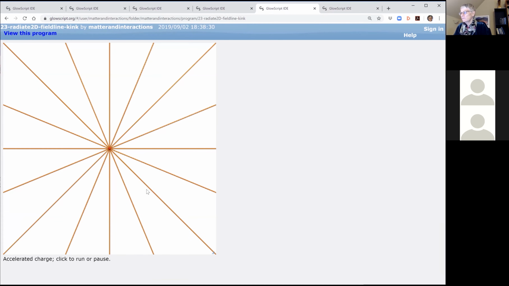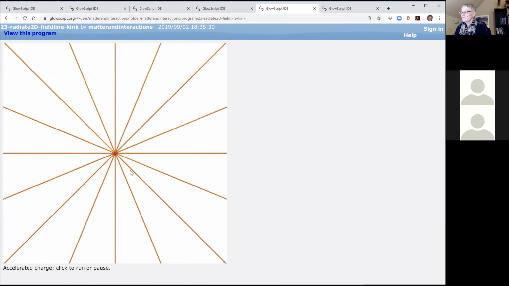So here's the same representation of a positive charge sitting here making an electric field, which we're now representing by field lines, which are just connecting unit vectors. But what would happen if we accelerated the charge briefly downwards?